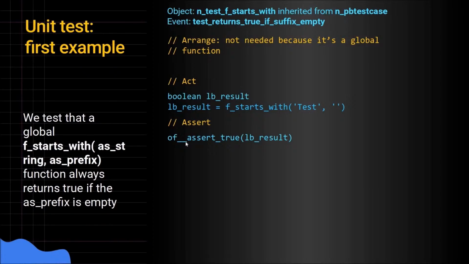So that's just a convention. So if the function fStartsWith is good, this test should pass, and we should see in the visual test runner a green bar stating that the test has passed. We will see then in practice.